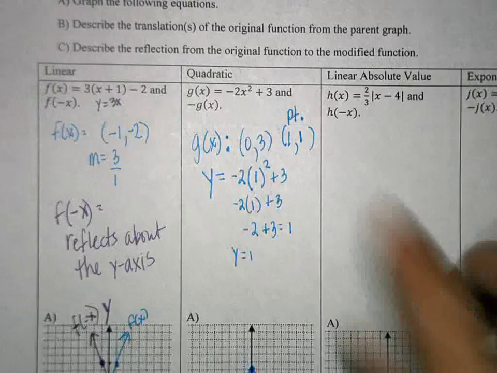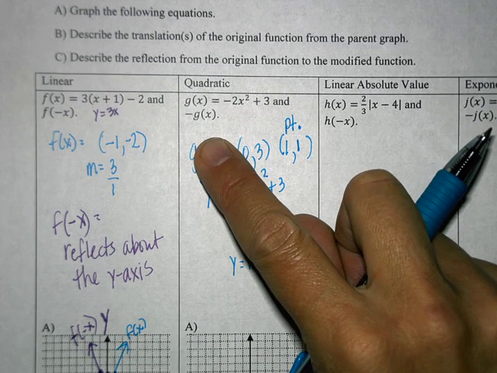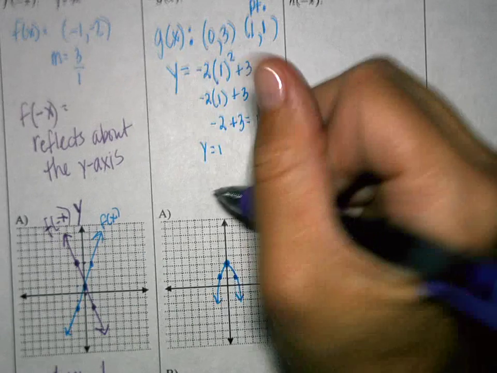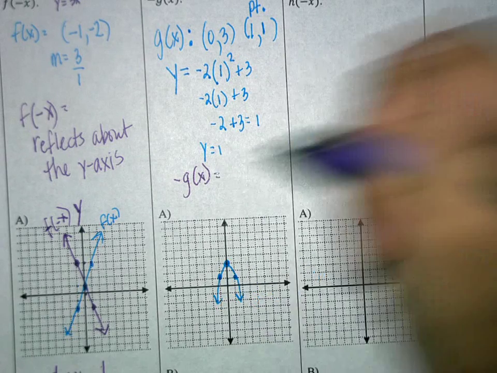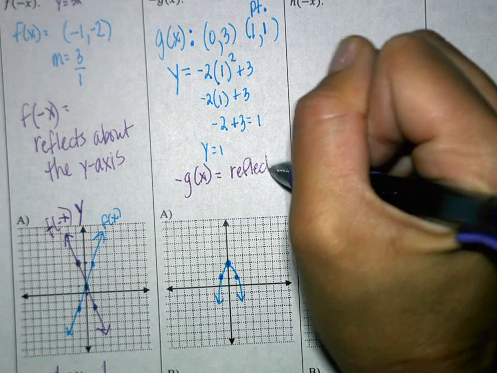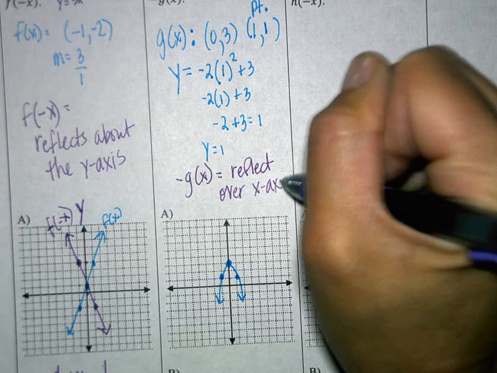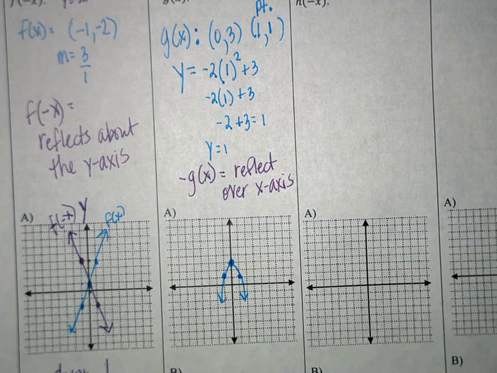Okay, what does it mean when you have negative g of x, that negative in the front? Good. And so we know g of x with the negative in the front like that, that one is going to reflect over the x-axis. So do you remember what we did when it reflected over the y-axis?